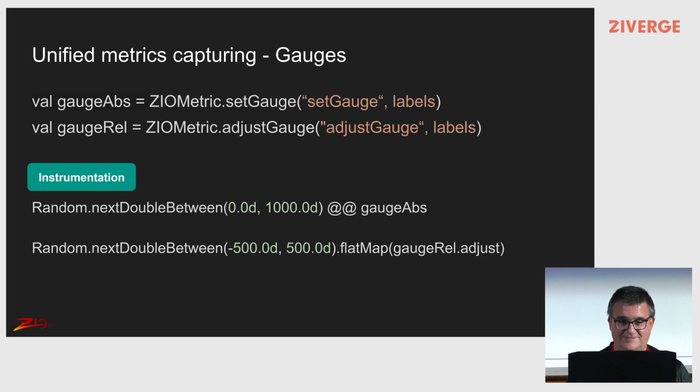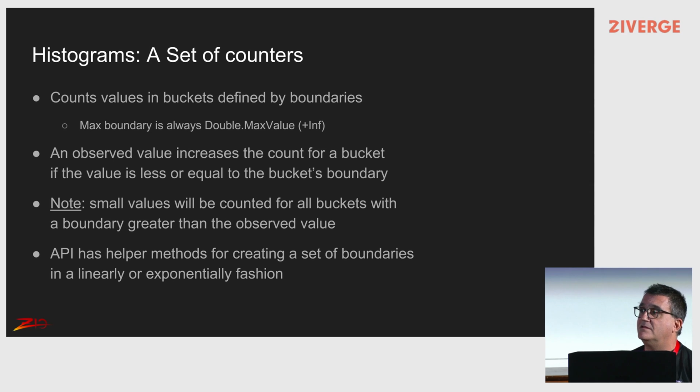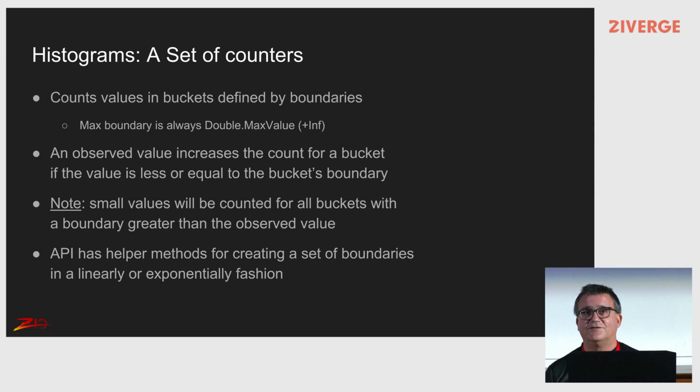So the next metric is a histogram. This is already where a bit of the problem starts. A histogram for us is a set of counters. Later on we will see that StatsD, for example, defines a histogram and speaks about quantiles.